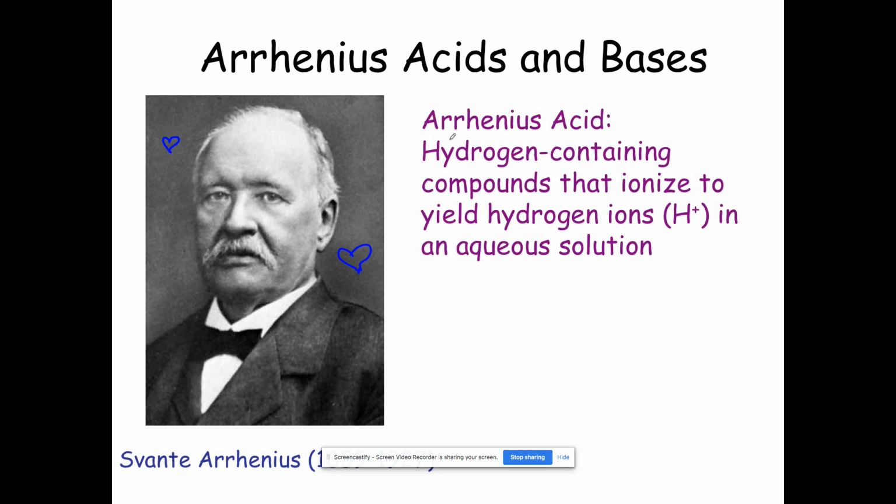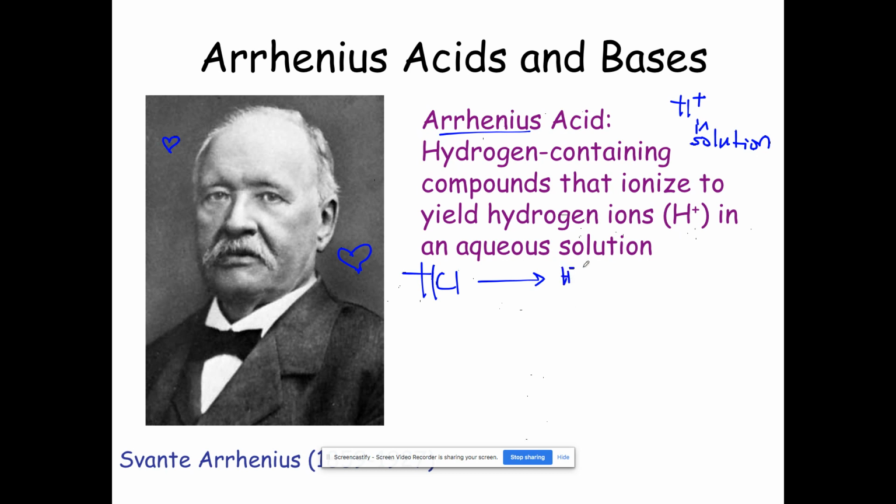So according to Arrhenius, an acid is anything that will give off H plus in solution. For example, if we have something like HCl, when HCl breaks apart in solution, what's it going to produce?